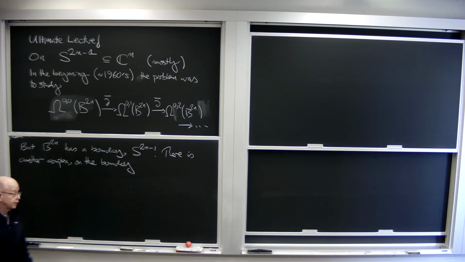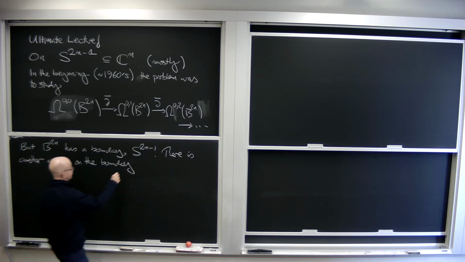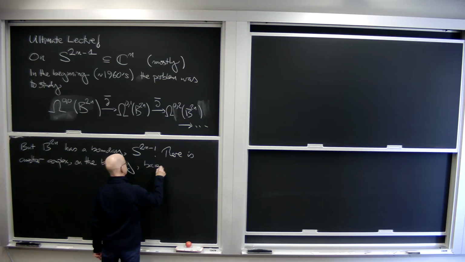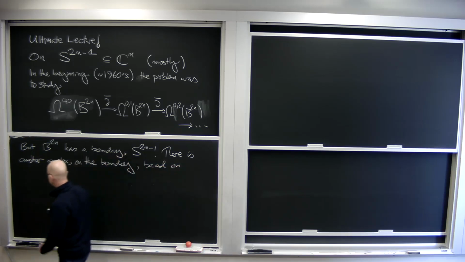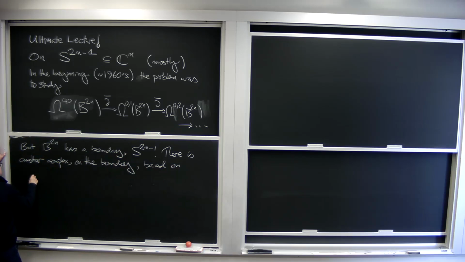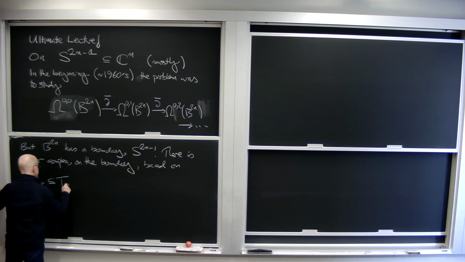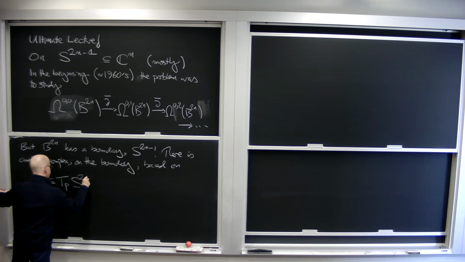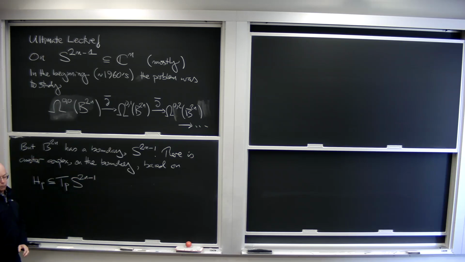And it's based on the following observation. Inside of the tangent space at each point on the sphere, there's a distinguished 2n-2 dimensional subspace, a codimension 1 subspace.